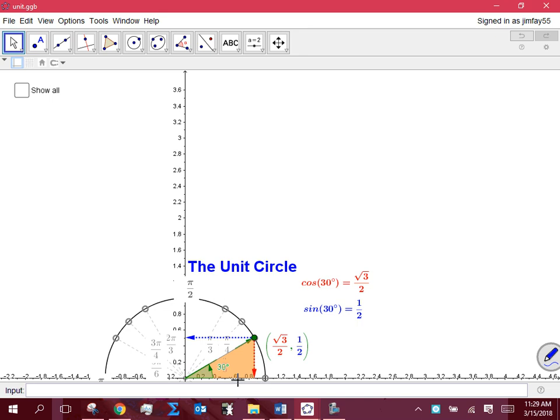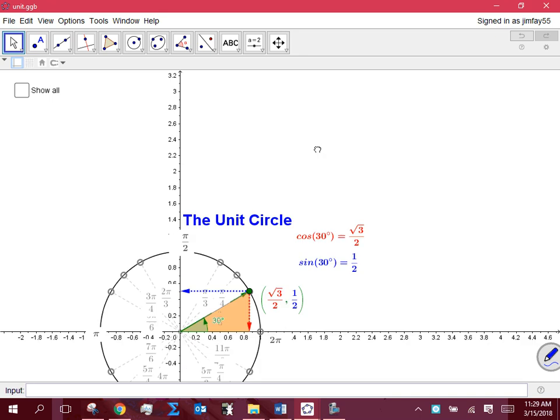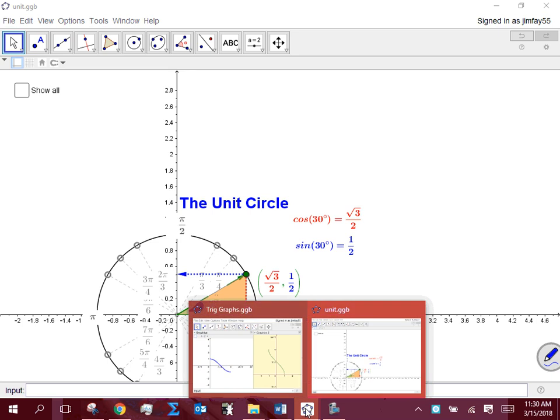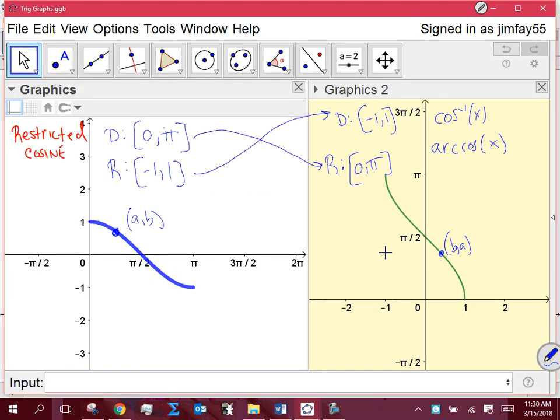So you're only going to get things back between, like pi over 6, pi over 4, pi over 3, maybe 2 pi over 3, 3 pi over 4, 5 pi over 6, or pi. You will never type in cosine inverse of something and get 11 pi over 6 back, because 11 pi over 6 is in this quadrant here, right? And that's beyond our range, okay? 11 pi over 6 is beyond that number right there. Does that make sense to everybody? Okay.